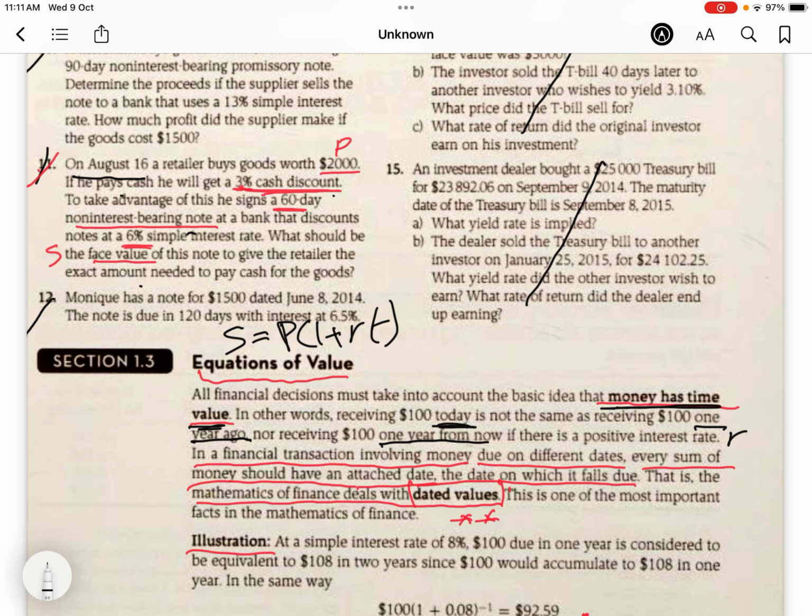That is, the mathematics of finance deals with dated values. This is one of the most important facts in the mathematics of finance.